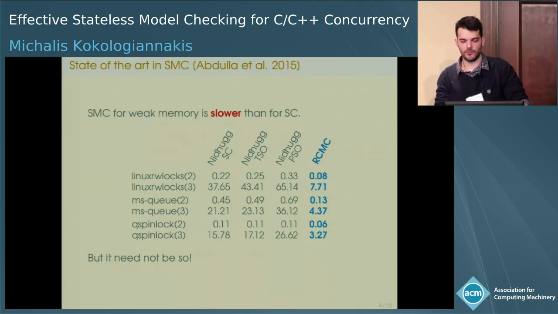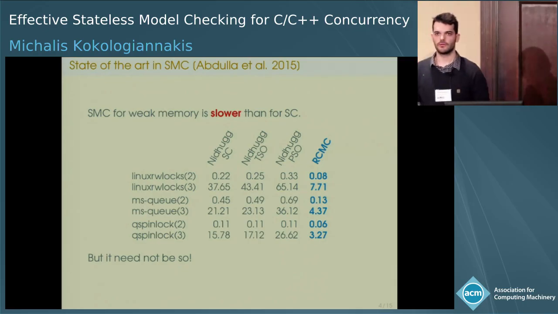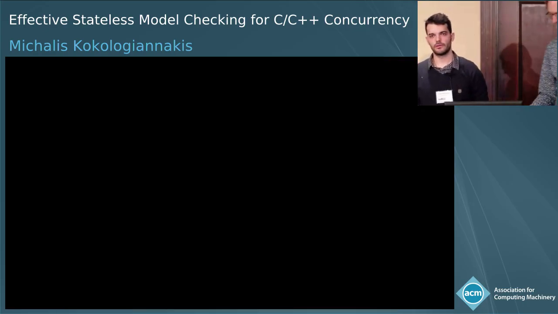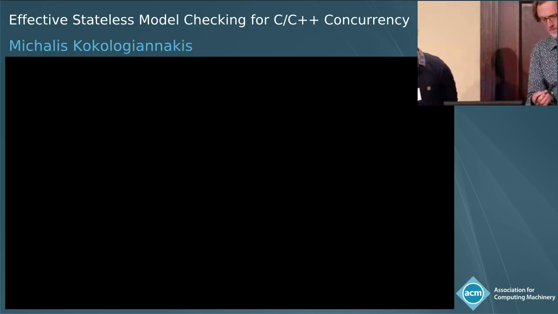So the question was whether we would be able to use this axiomatic approach for SC programs? For SC programs, basically. I believe you can use that for SC programs, right? Yeah. This technique is sound for SC programs. It's just that it is not optimal. So we actually use this axiomatic approach to verify SC programs. Okay. Sorry? So what is the advantage of using the axiomatic semantics against the operational semantics?